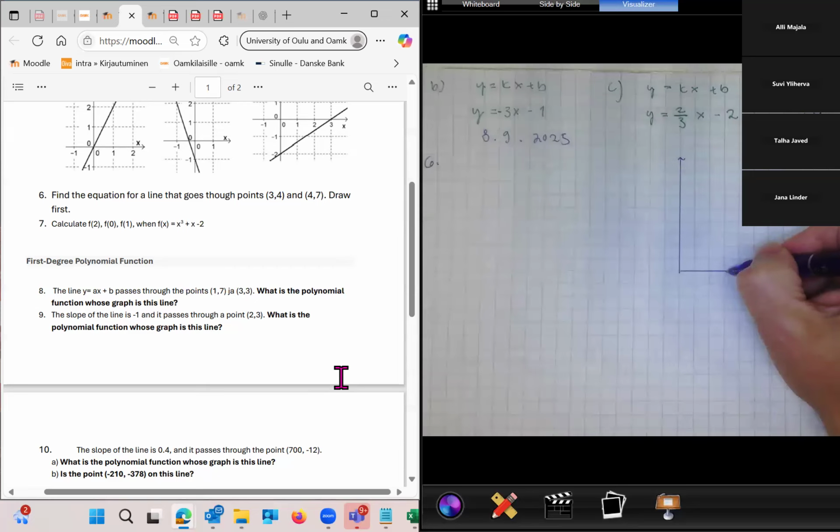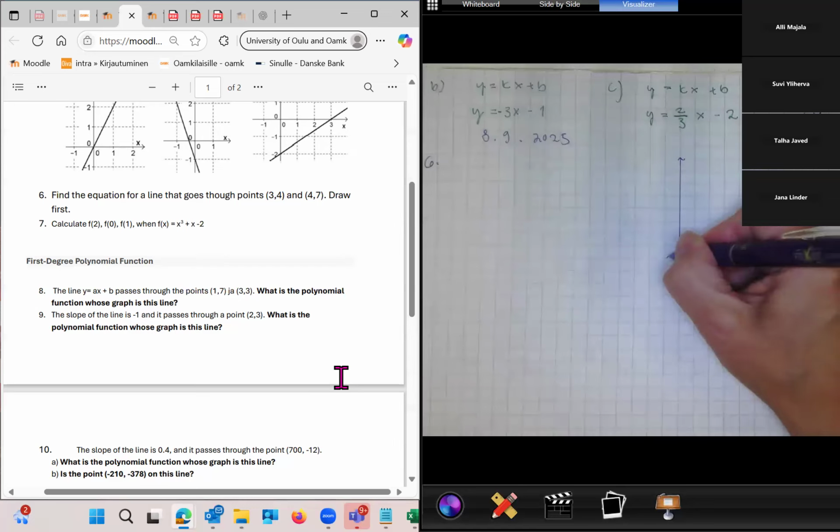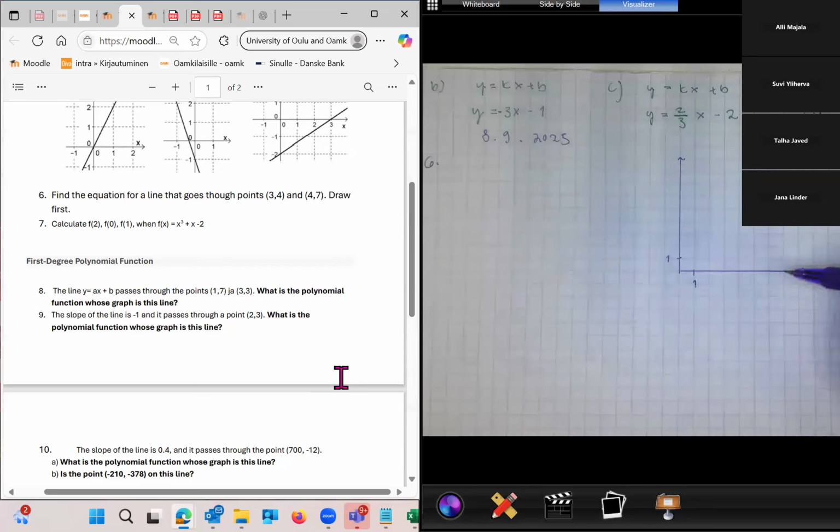I would go to 3 and 4, of course 1, it's always with 1 and so on, 3 and 4 up.